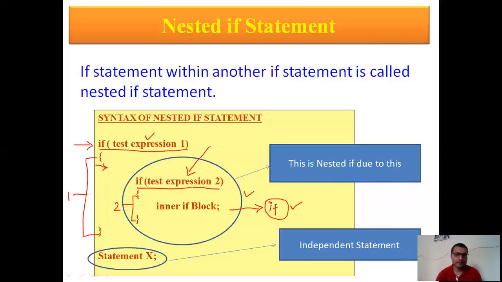So this condition would be tested, right? If this condition is true, then control will come to the block of inner if. So you can say this inner if block will execute only when test expression 1 and test expression 2 both are simultaneously true.